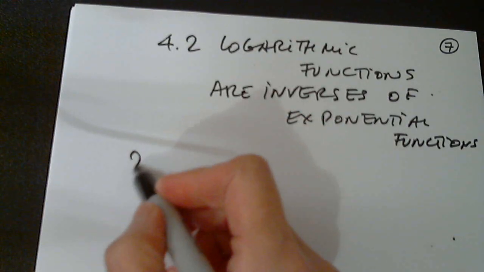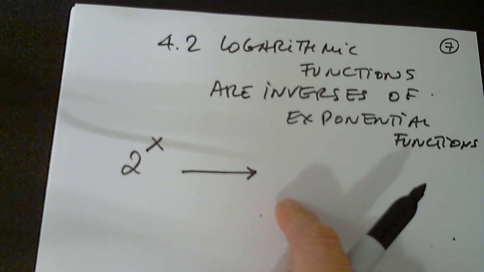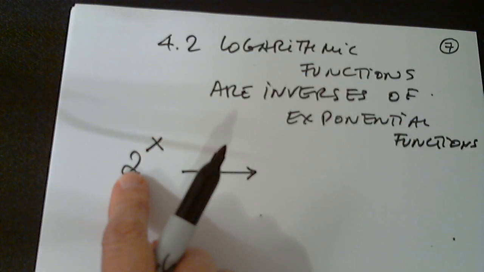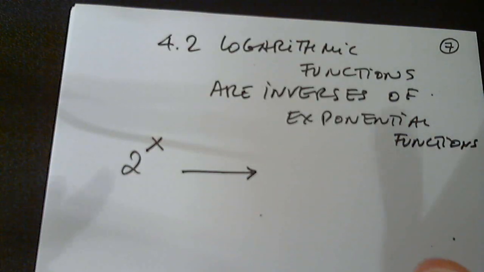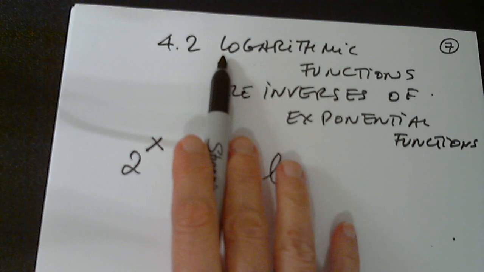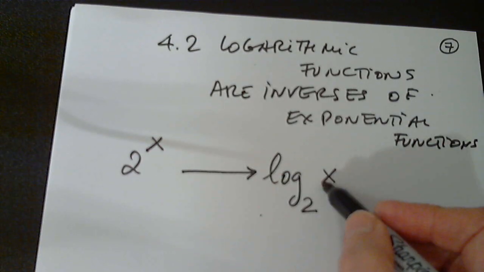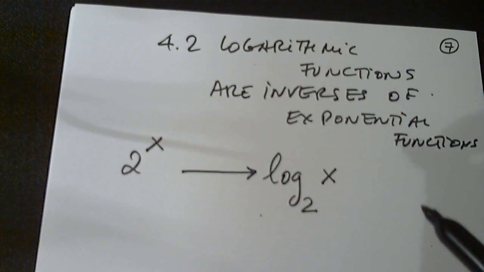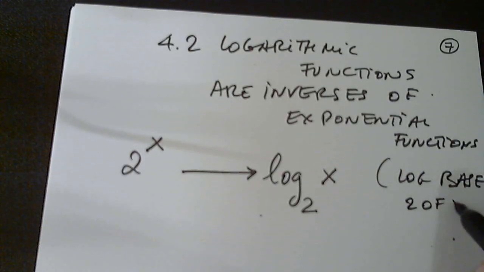So 2 to the x has an inverse that has the same base. How do I write that? It looks difficult, but it's not. It's just another function: log base 2 of x.